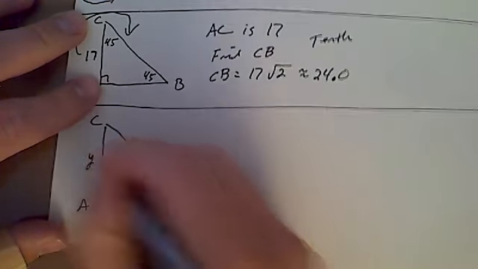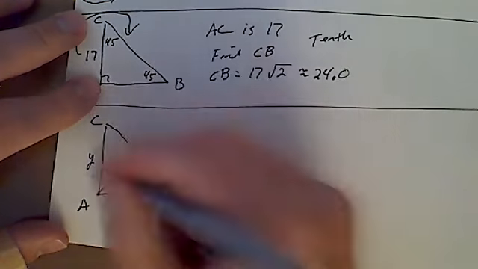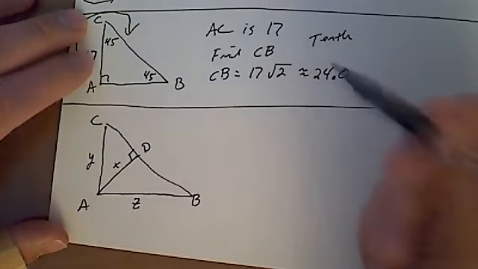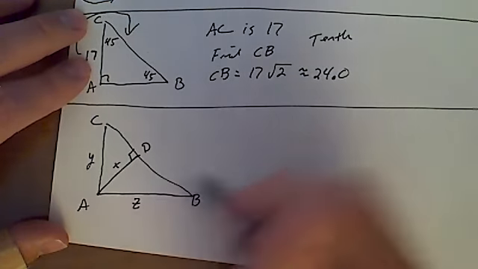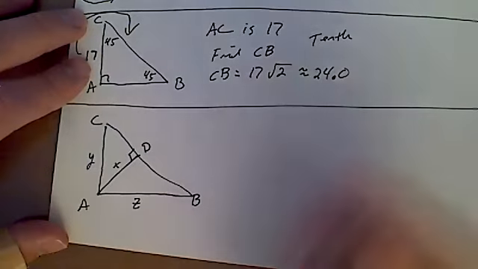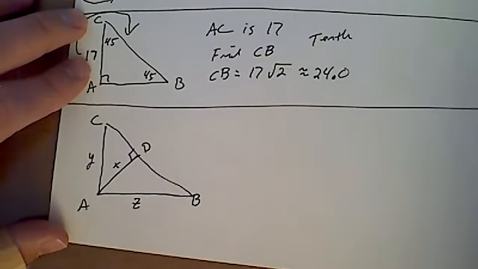The other one we did only had X in it and only asked you to find the value of X. This one has X, Y, and Z. In different problems on the test, it will ask for different parts. So make sure you are reading the directions, whether it asks for X, Y, or Z, because that question will change that way.